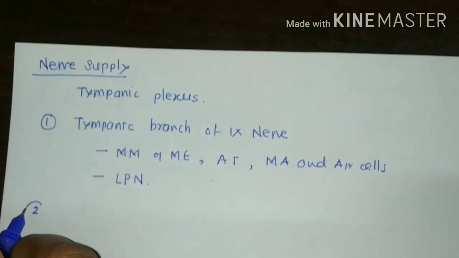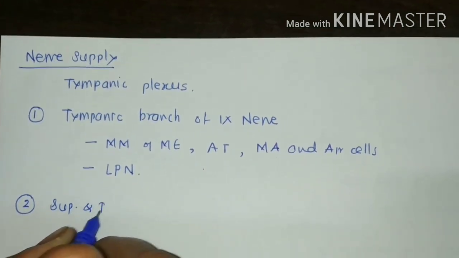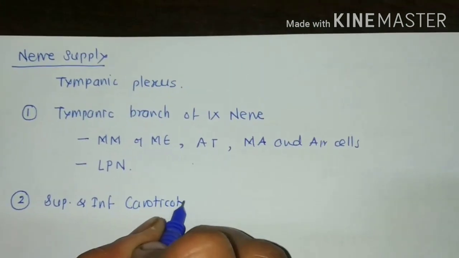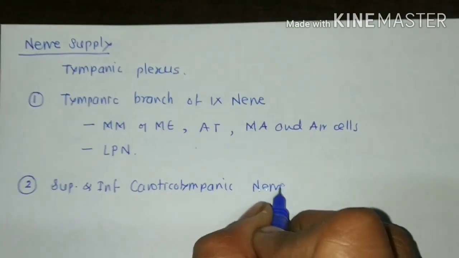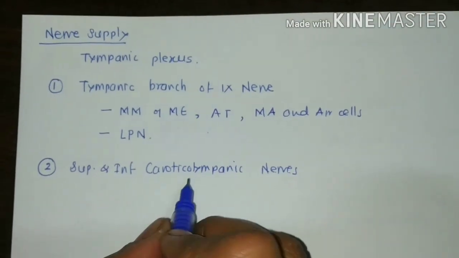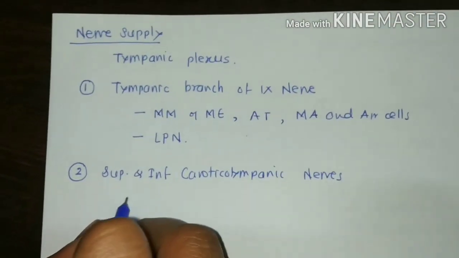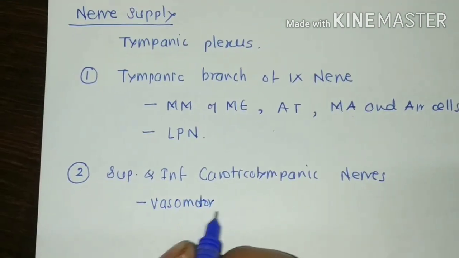The second contribution in the tympanic plexus is from the superior and inferior carotico-tympanic nerves, which are coming from the sympathetic plexus around the internal carotid artery, and these fibers are vasomotor to the mucous membrane.